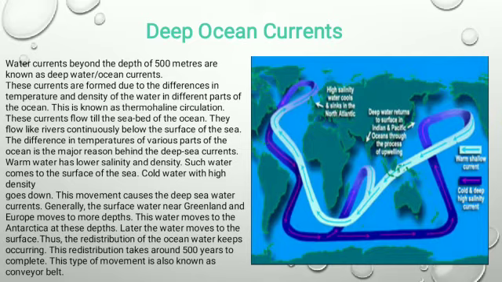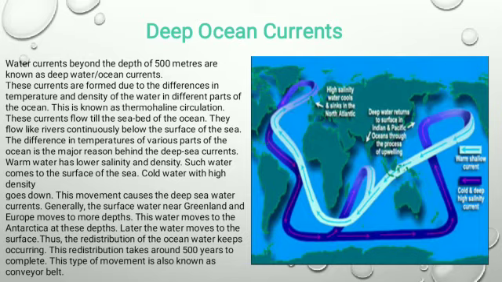Now, warm water has lower salinity and density, so warm water comes to the surface of the sea. Cold water with high density goes down. And then again, cold water becomes warm water, comes up, and this process goes on and on.